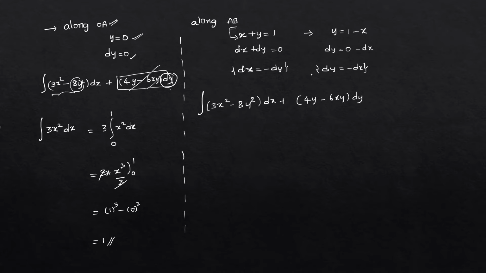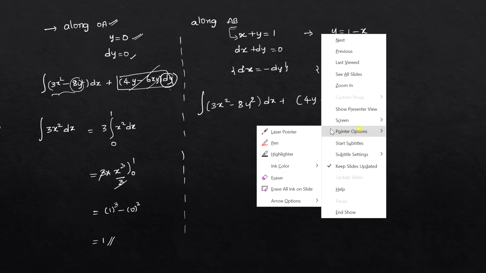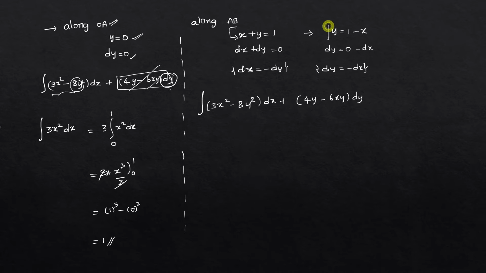Since we already got the equation of y in terms of x, we already got the y value in terms of x and the dy value in terms of x. So convert the entire equation in terms of x so that it will be easy to integrate. Since integration is possible with respect to dx or dy only, one variable at a time, we have to convert the respective function in terms of x.